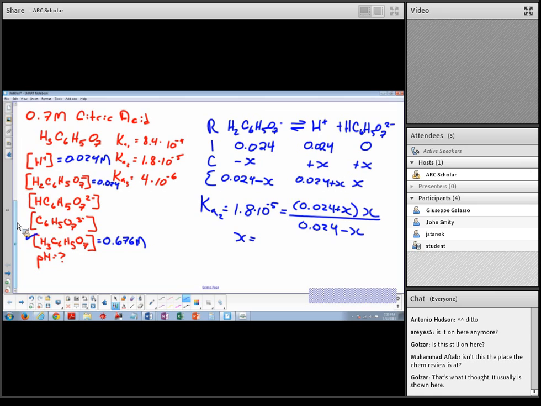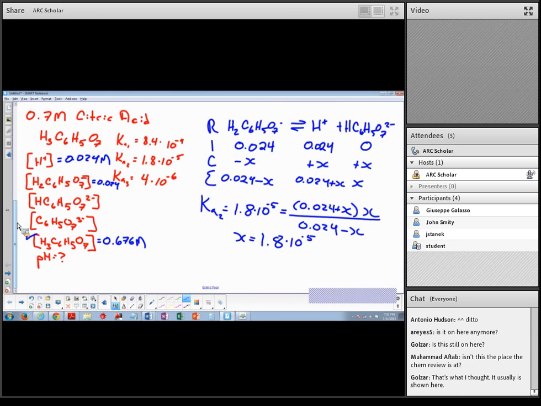So like she said, those two are going to cancel each other out, and you're going to be left with just x equal to 1.8 times 10 to the negative 5th. Does that pass our 5% rule? Is this less than 5% of 0.024? Yeah. Okay, so you can make the assumption to get rid of the plus and minus x.